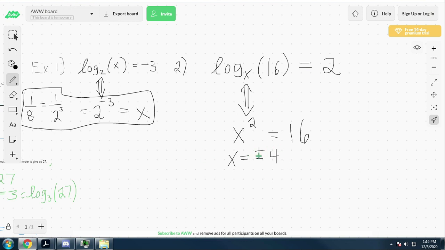Remember that from last video. We make sure that our bases are positive and also that they're not equal to 1. So we throw out this -4 solution and we just retain x equals 4. That's the only one we'll actually hold on to. So in other words, x equals 4 is the solution to the logarithmic equation in example 2.